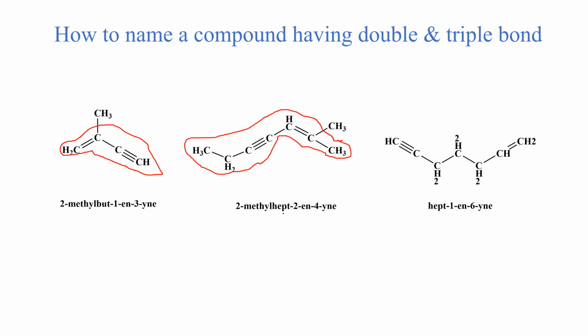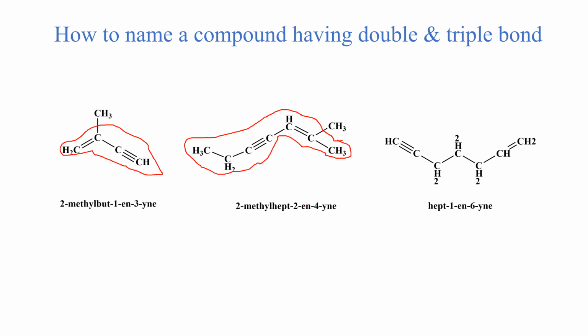So this is the hept, and the double bond is between the second and the third carbon, so we write 2-en, and the triple bond is between carbon 4 and 5, so this is the 4-yne. So the name is 2-methylhept-2-en-4-yne, or you can write 2-methyl-2-hepten-4-yne.